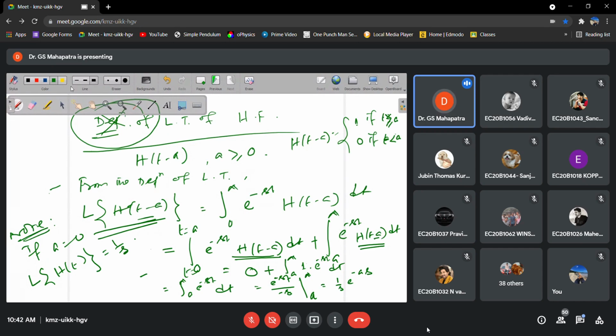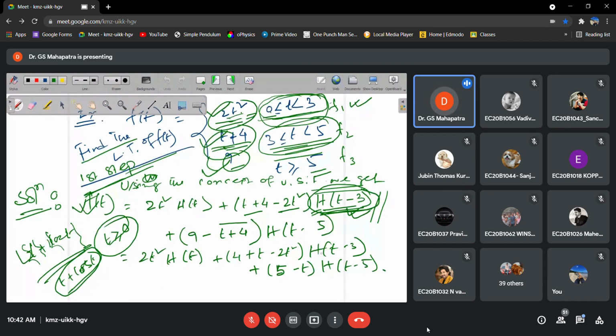Now I will go to the previous one. Can you find the Laplace transform? Just 1 minute. Okay. Now we will take the Laplace transform of this function, f of t. Now, first step is over.